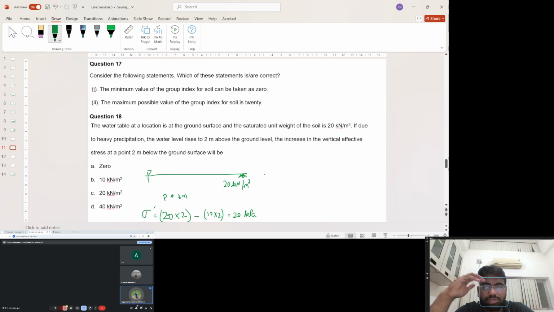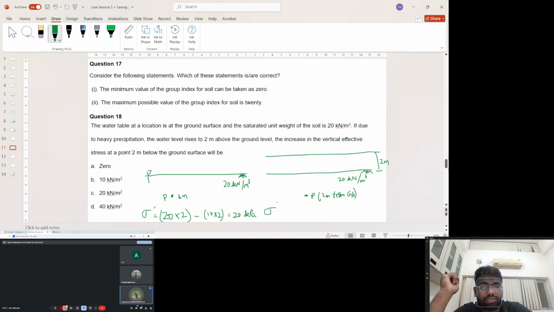Right. Now second condition is that the water table, this is the ground level, and water table is increased up to 2 meters, and the soil is already saturated, so it is 20 kilonewton per meter cube. The point is the same point, which is at 2 meter from ground level. Now let us calculate the effective stress.